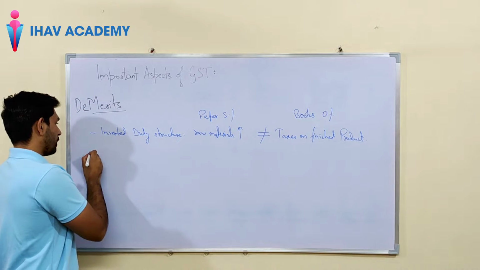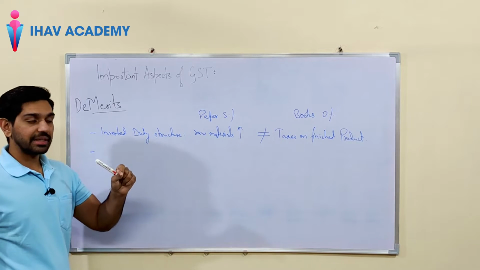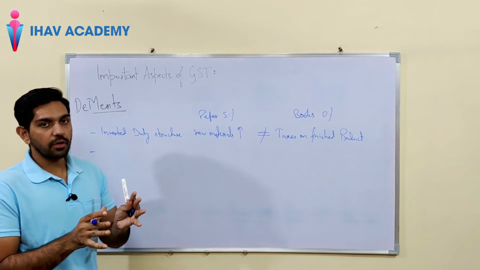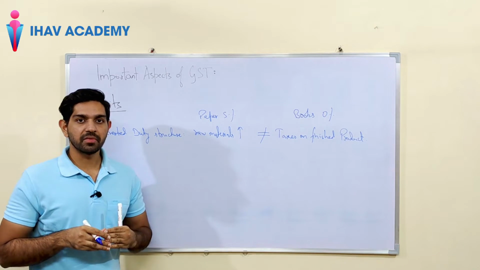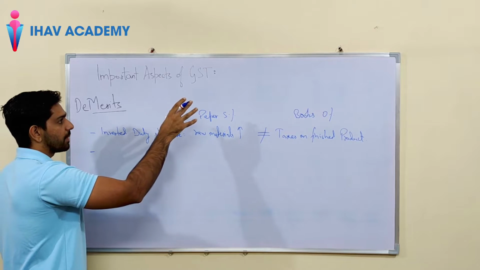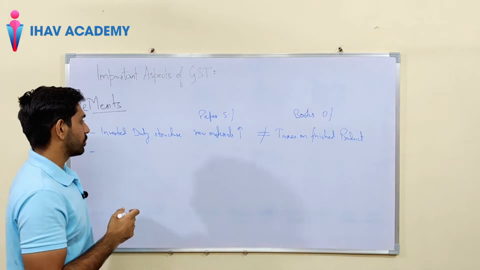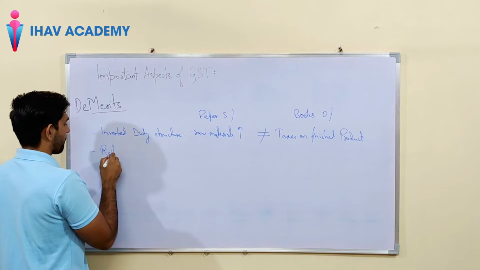Understood? Now आप अपना brainstorm कीजिए. I have told you about the slabs. So इसका मतलब after the simplification of the indirect tax system in India, after that also we are having some complexity by giving 5 to 6 slabs. So rather complex.